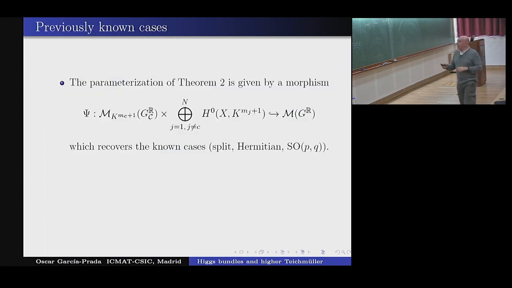So we have, as I say, we construct a map psi from this moduli space to the moduli space of GR Higgs bundles, which gives you these components, and you realize that we are recovering the three cases that we have already considered: the split thing, the Hermitian tube type, and the SO(p,q).